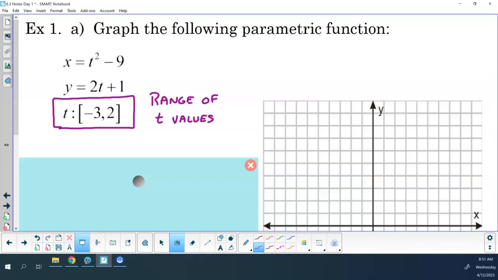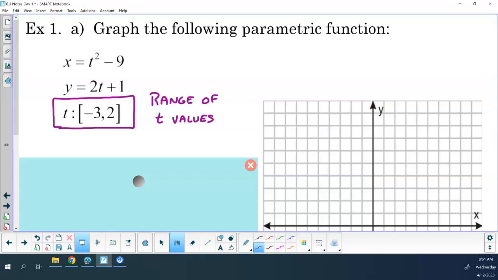In a regular function, we would always put arrowheads on the ends of it. Your sine and cosine graphs that you graphed way back before, we put arrowheads on those. Your lines, if it was y equals mx plus b, you put an arrowhead, signifying that it continued on and on and on forever following that same pattern.